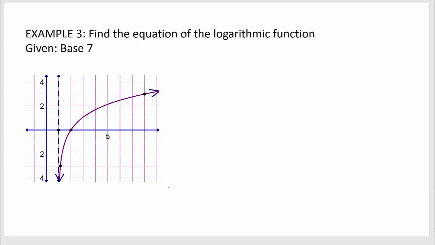For our last example, we're going to come up with the equation of the logarithmic function. Now the question is telling us that we have a base of 7. So we're going to start by making the table of values for the parent function of logarithm base 7.